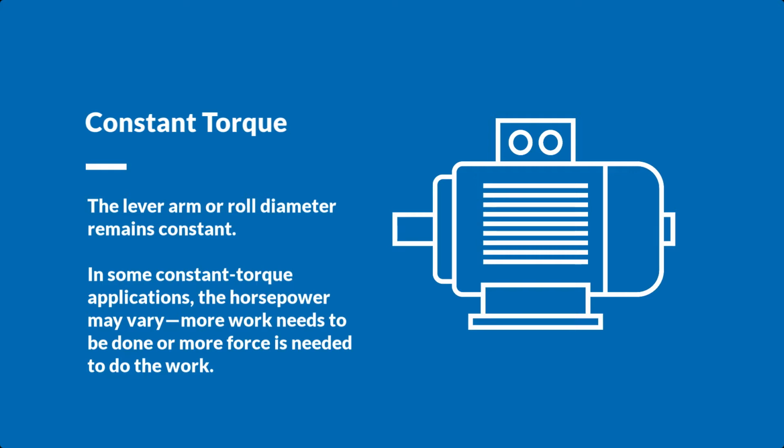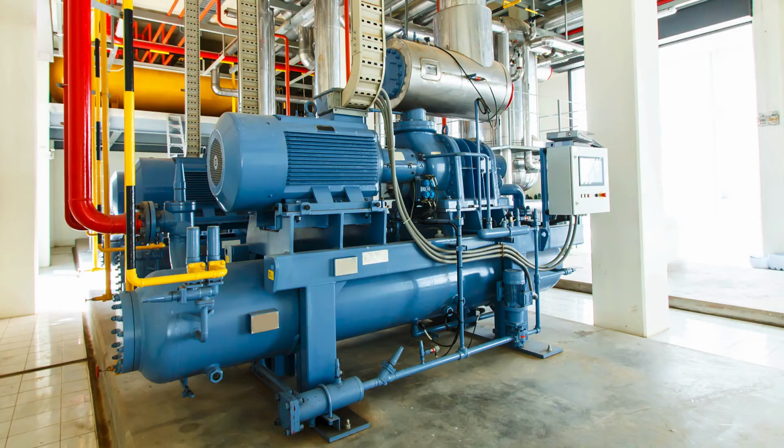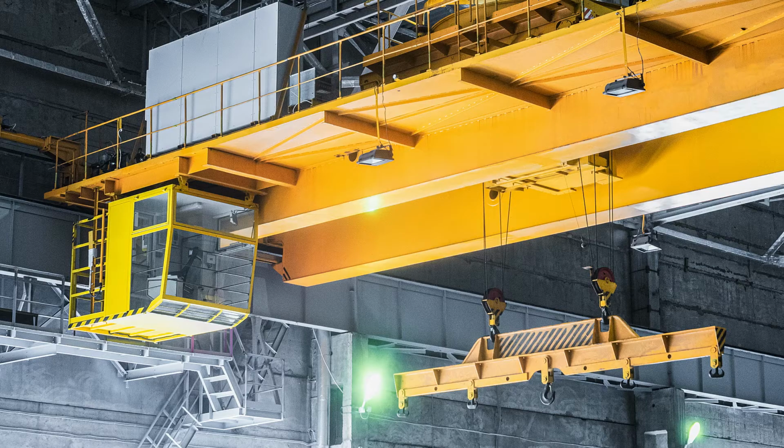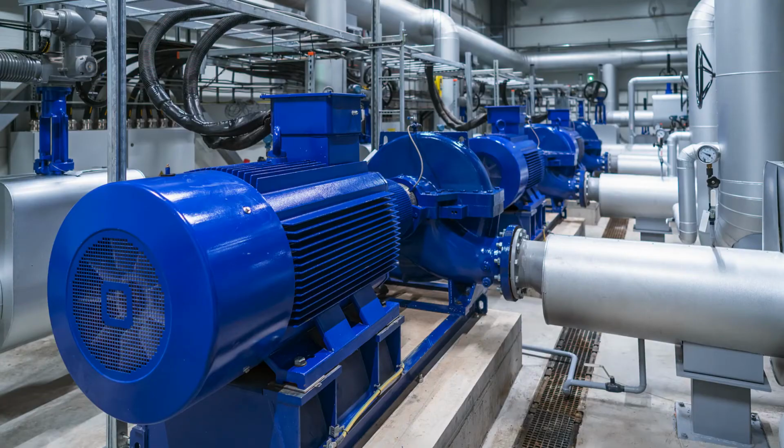In some constant torque applications, the horsepower may vary. More work needs to be done or more force is needed to do the work. Basic examples of these constant torque and variable horsepower applications include compressors, cranes, conveyors, and some pumps, gear type or positive displacement.